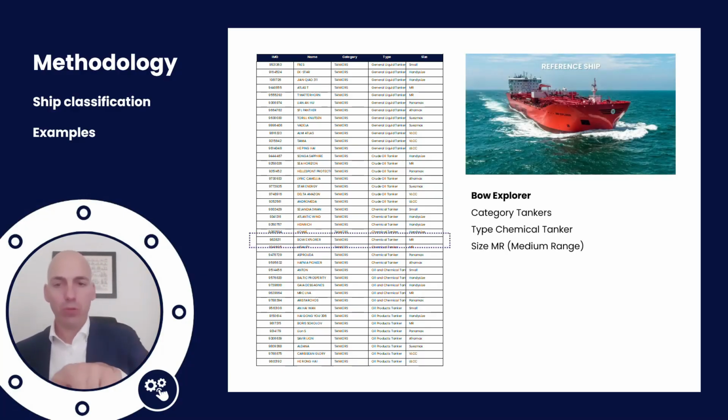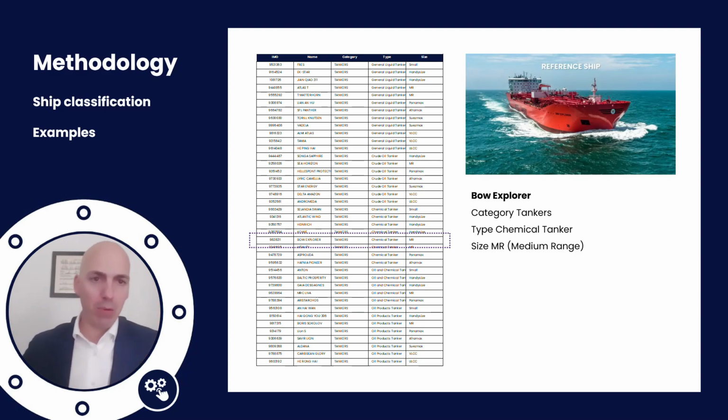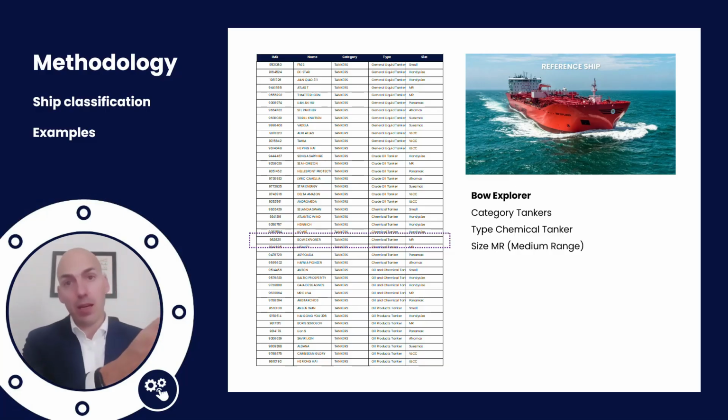Then, for example, if we go to the Bow Explorer, it's a tanker category, chemical tanker type, size medium range, MR. And then we can use these, as you will see in the interactive database web tool, to quickly see, oh, I have a terminal that mostly has chemical tankers. Oh, then I expect this type of frequency, these ranges of power. Okay, great. And then you can immediately get an estimate or a handle on how big your infrastructure is in order to do the shore power you want.